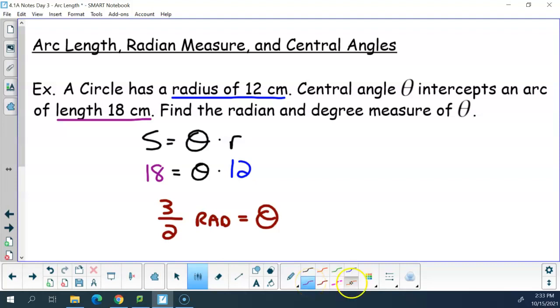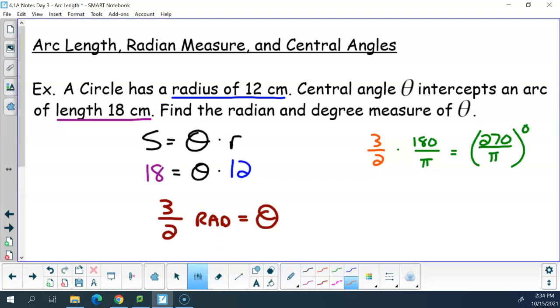So 3 halves, which is in radians, times 180 divided by pi. Well, 180 divided by 2 is 90, times 3 is 270 over pi degrees.